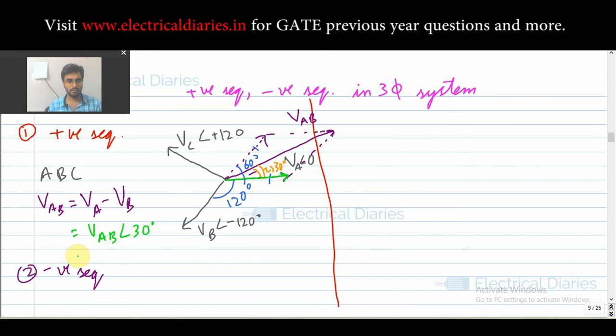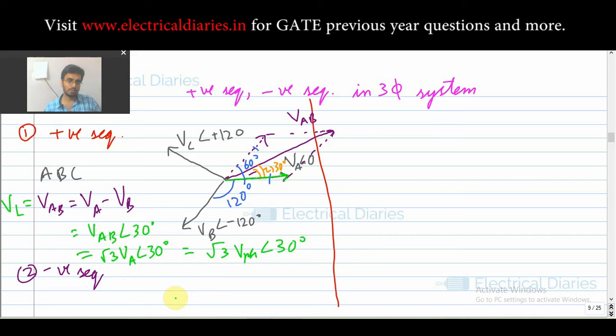The magnitude of VAB will be root 3 times VA at an angle 30, or root 3 V phase at an angle 30 degrees. So for a star connected load, VAB, that is your V line, is equal to root 3 times V phase at an angle 30 degrees. I have derived this for the positive sequence.